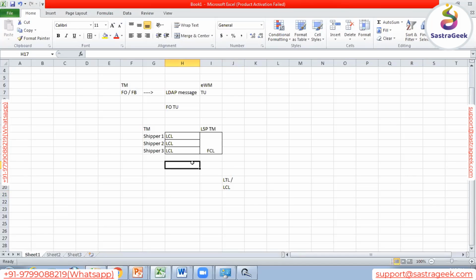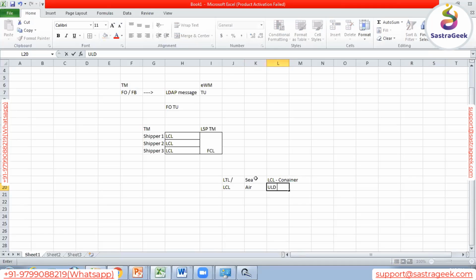Only thing is, when you are dealing with the mode of transport for sea, the terminology used is LCL or container. When you are dealing with the mode of transport for air, the terminology used is ULD instead of container.